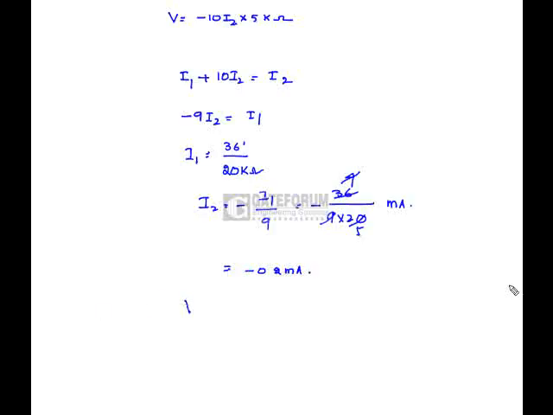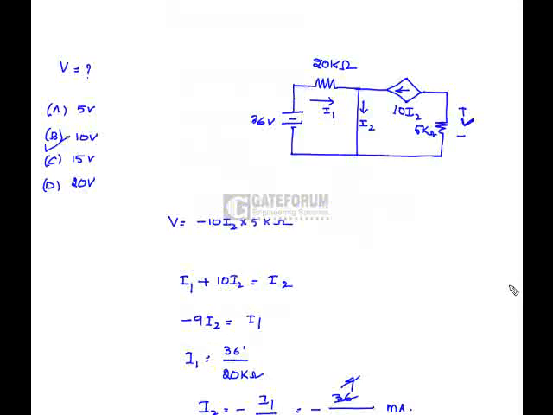So V is nothing but minus 10 into minus 0.2 milliamps into 5 kilo ohms. Kilo and milli cancel each other, into 5. So this minus gets cancelled. That is, we will get 10 volts. Hence option B is correct.